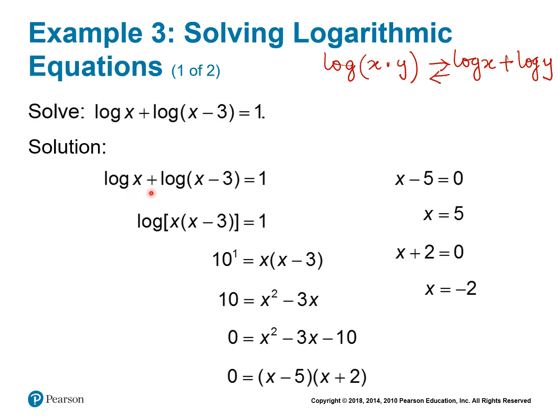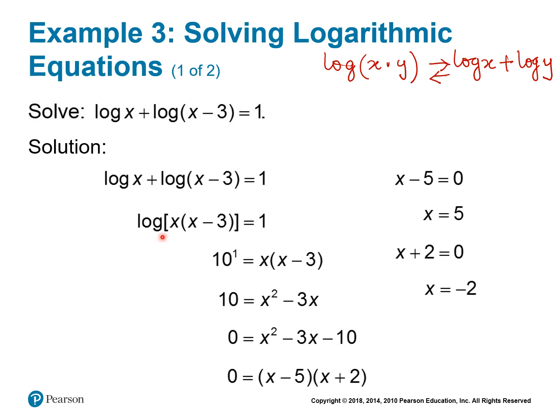And that's exactly what we are going to do here. And in the solutions, they have, in the second step, that's exactly what they have done. All right, they have taken the log, written it once, and they have multiplied the m values that go with each log, which is x times x minus 3. And on the other side, we have equals 1, right? So now we have to change this logarithmic expression on the left-hand side into exponent form.